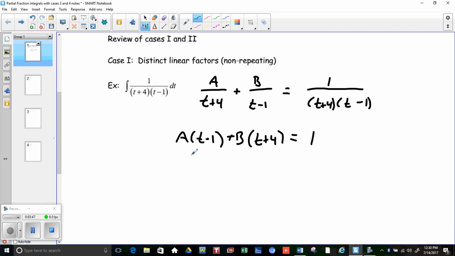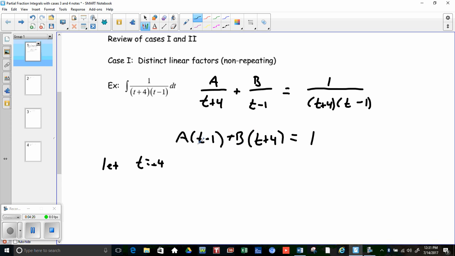Okay, so the concept here is really pretty basic. You want to pick convenient values of t that are going to make one of these two things go away so you can solve for either A or B. Well, the first one that you should see is if I let t equal negative 4, the B goes away because negative 4 plus 4 is 0, times B is 0.